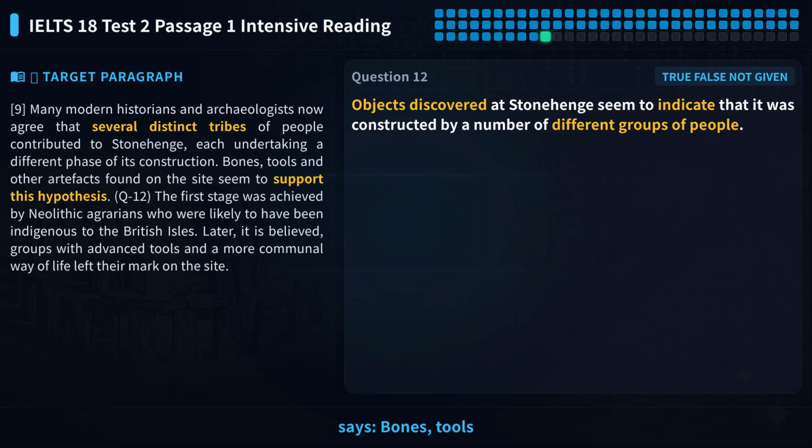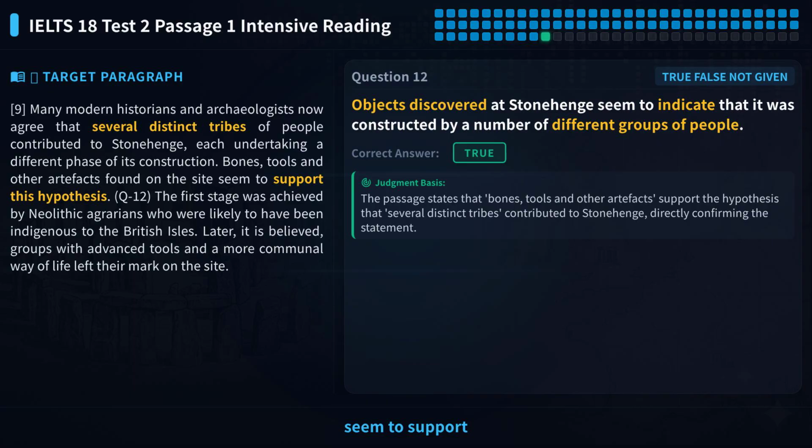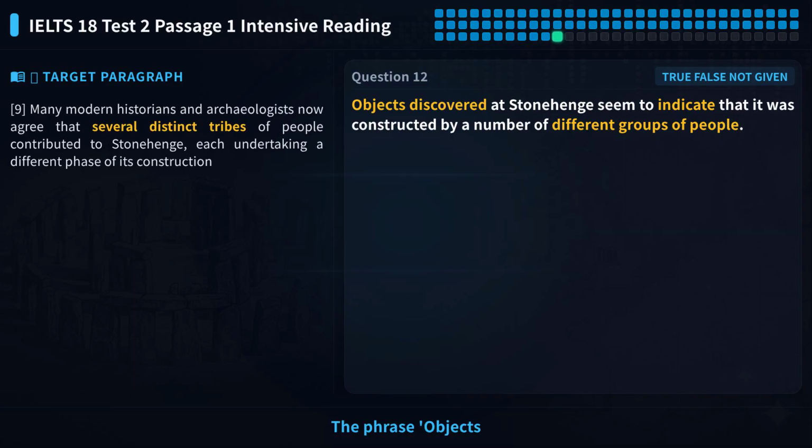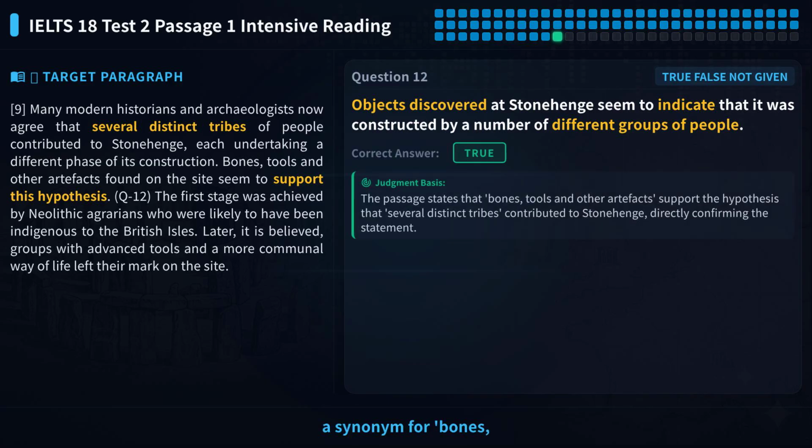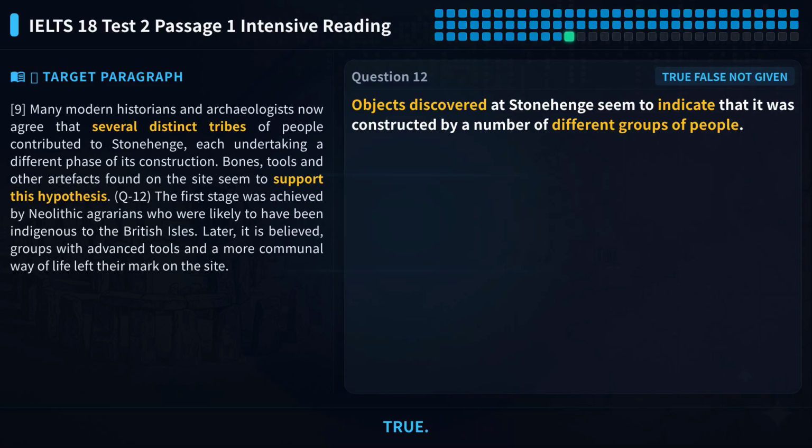The original text says, "bones, tools and other artifacts found on the site seem to support this hypothesis." The phrase "objects discovered" in the statement is a synonym for "bones, tools and other artifacts" in the text, and "indicate" is a synonym for "support this hypothesis." This is a typical synonym replacement. So the answer to question 12 is true.